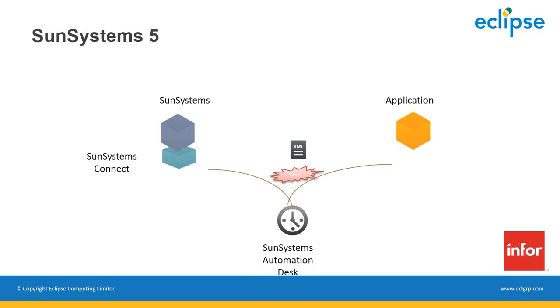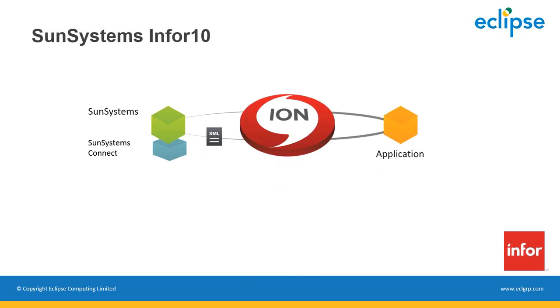So again, this is one of the reasons behind developing something like ION, to be able to easily integrate all of these applications, but really proactively monitor what's going on. And if one step in the process falls down, then not have the entire integration grind to a halt. So if we look at Infor 10 or Sun 6 with the ability to integrate, we can of course still use the SunSystems Connect web service, but the idea is that we have Infor ION sitting in the middle, and again all of the information is traveling around between these applications using XML standards, but we have ION sitting there in the middle monitoring this.